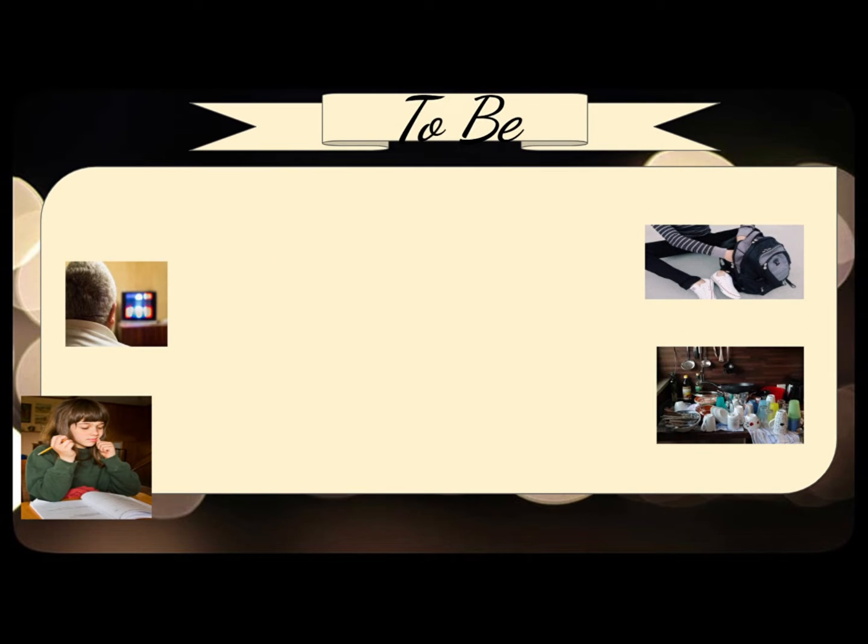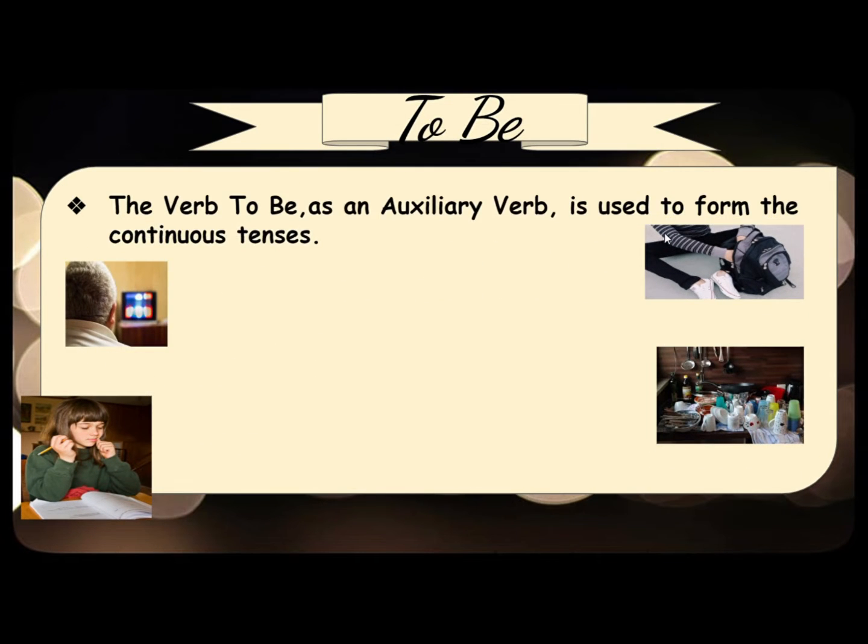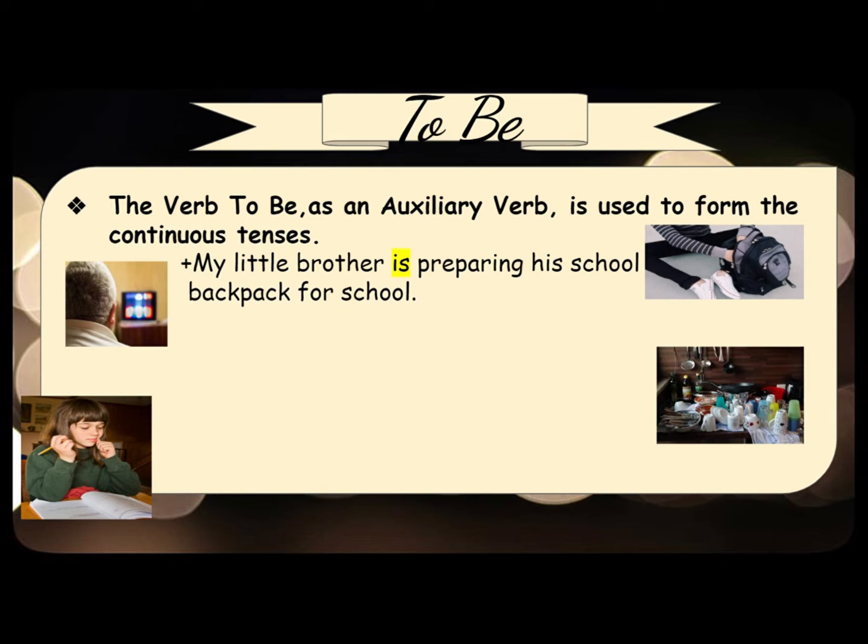The verb to be. We use the verb to be as an auxiliary verb to form the continuous tenses. For example, my little brother is preparing his school backpack. In this sentence, we use the verb to be as an auxiliary in the present continuous or present progressive. My dad was watching an action movie online.